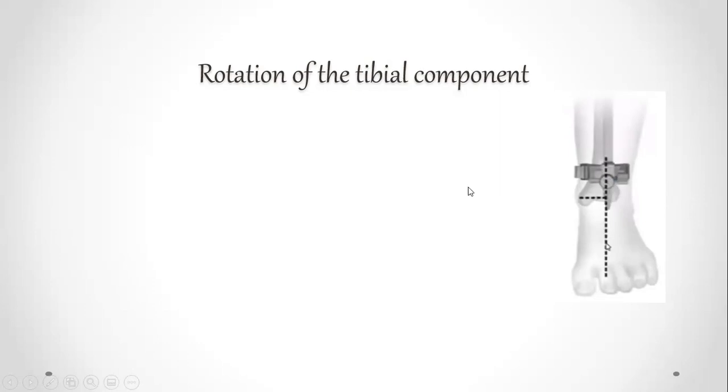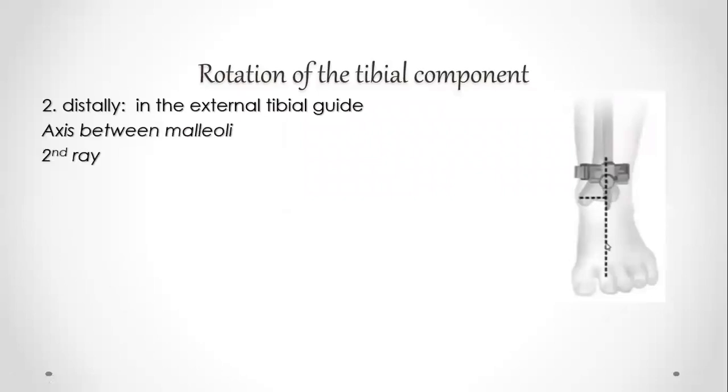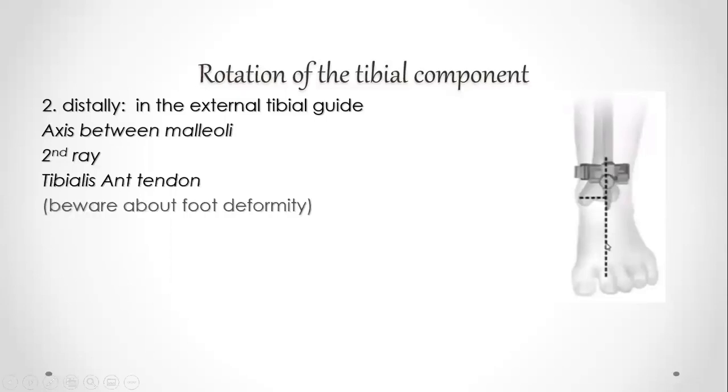Another reference is the second ray of the foot. And remember, if you have a severe foot deformity, you cannot rely on this one. So you can rely on the tibial tuberosity. Some references suggested that the tibialis anterior, not the shin of the tibia, which is projecting just here, is another landmark for the rotation. So beware about foot deformity.